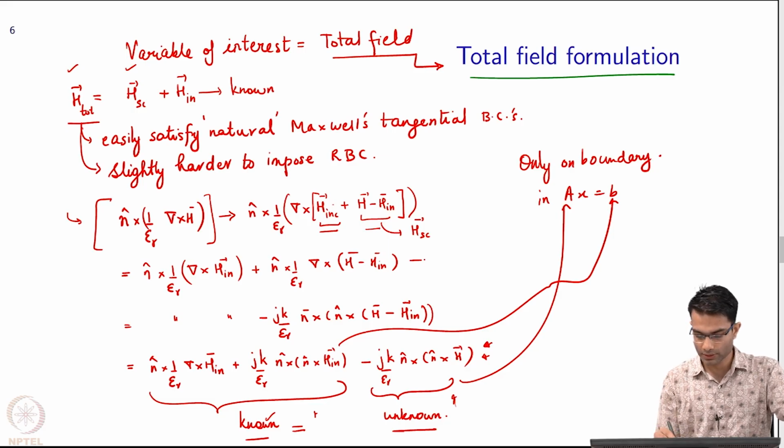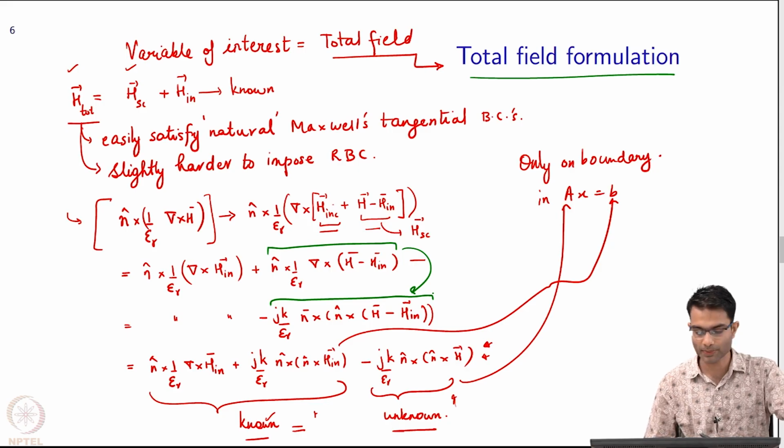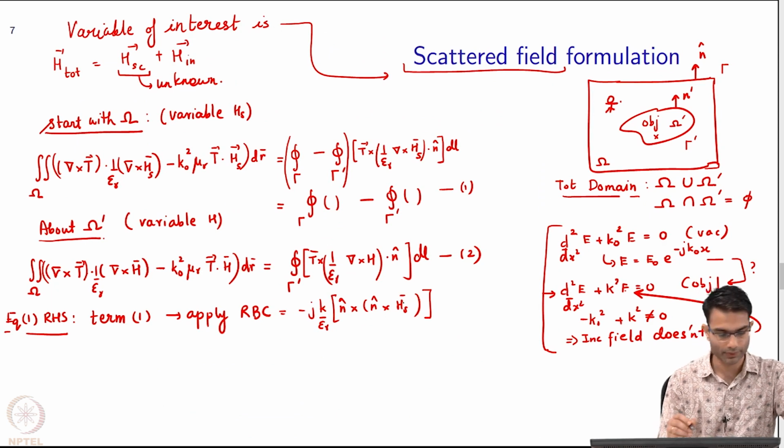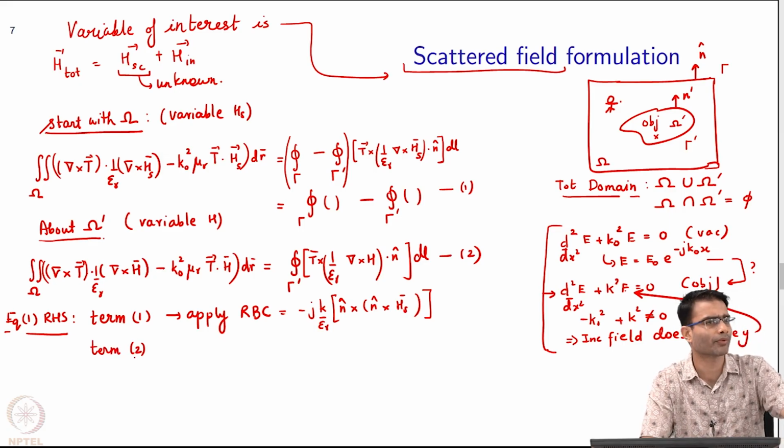Remember what we did. This is the logic that we are applying, right? So this term is becoming this term, except now H minus H incident is H scattered, which is already there. Okay. So this term has been dealt with. What about the second term? Is there any particular boundary condition I can apply there?